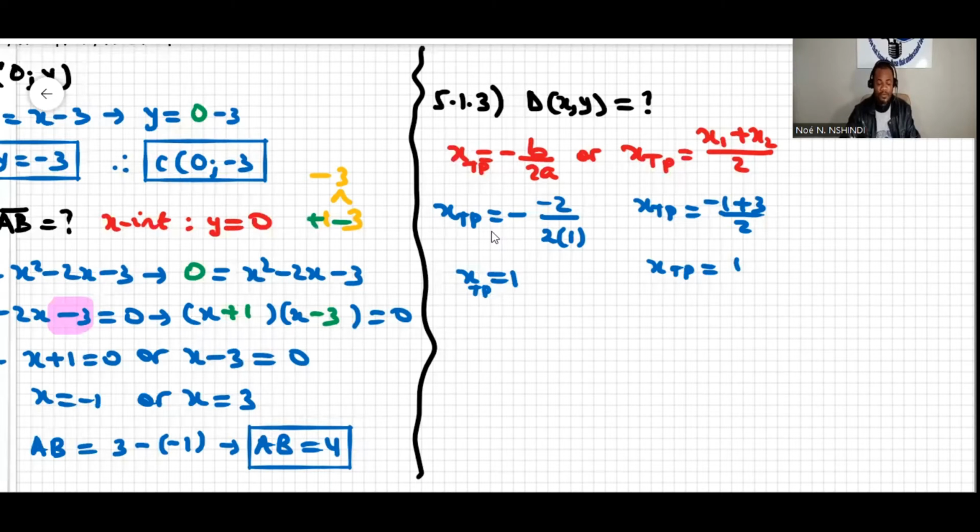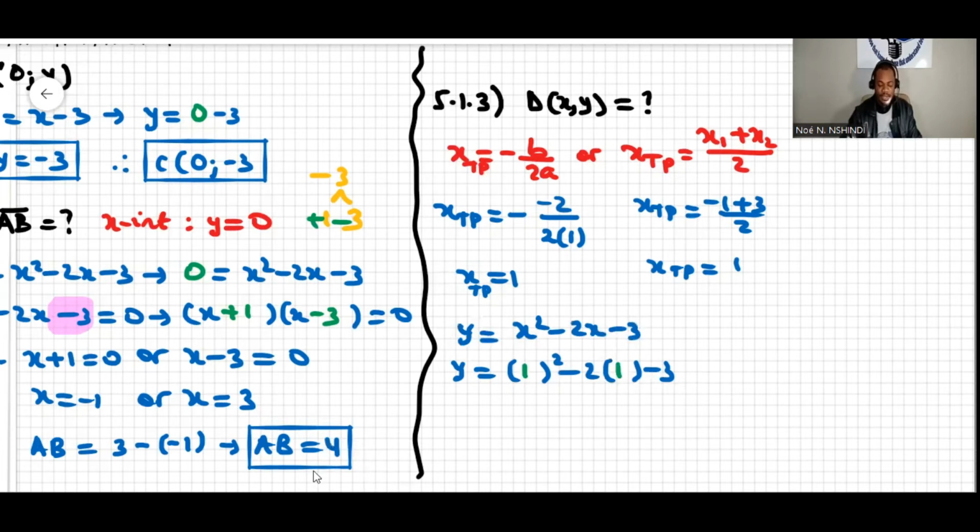Now that we have found x, the turning point, we can also find the y coordinate of the turning point by substituting the value of x into the equation. So y is equal to x squared minus 2x minus 3. We substitute in x, which is 1 there.